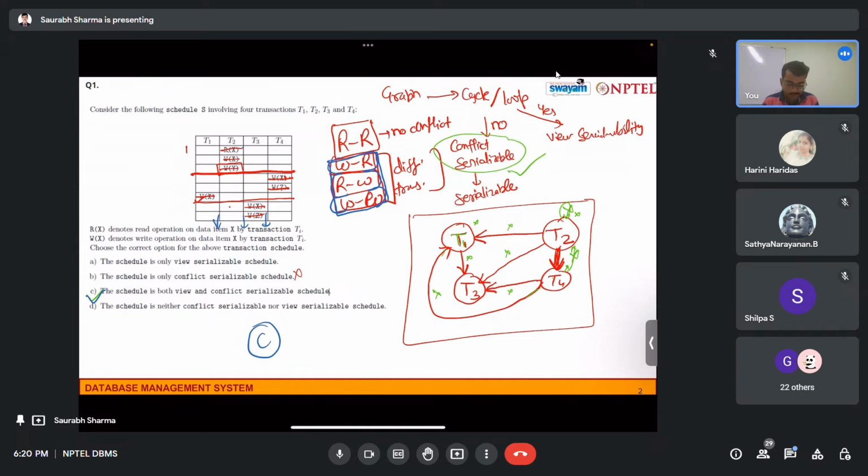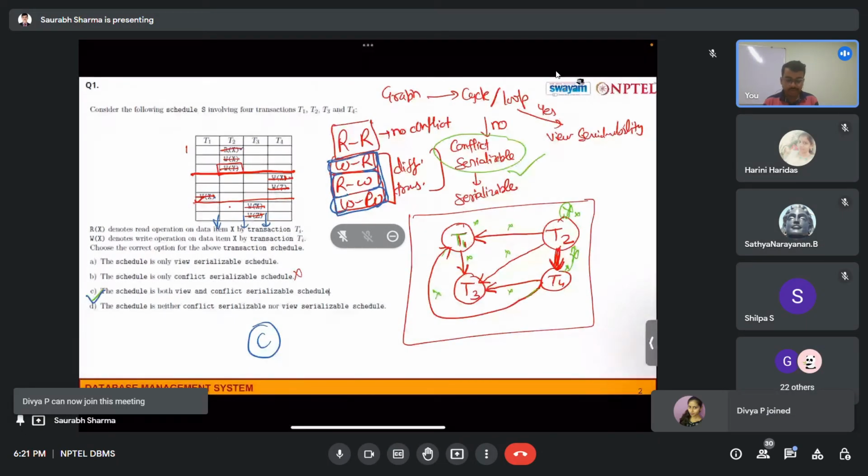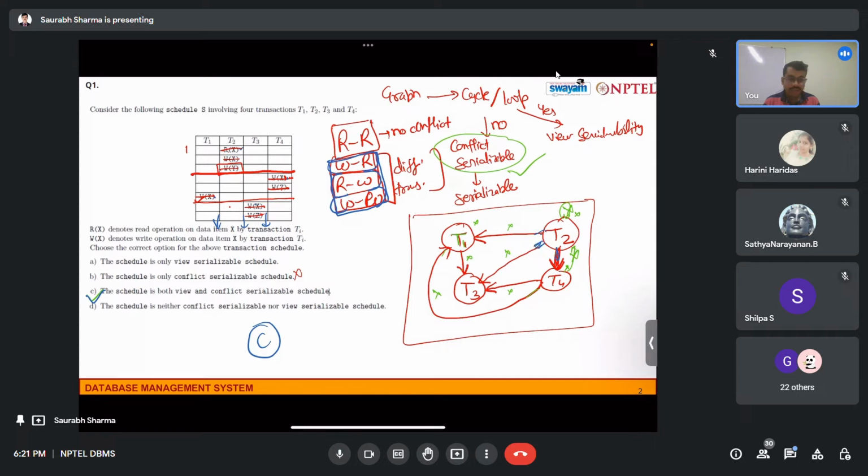If we see Rx, we have to search for Wx in different transactions. We started with T1, there was Wx; in T3 there was Wx; in T4 there is also Wx. So all Wx are there, so I created the edges from T2 to T1, T3 and T4.